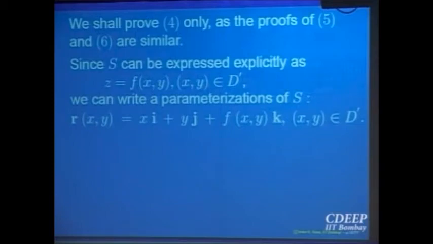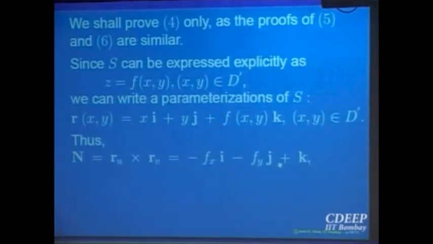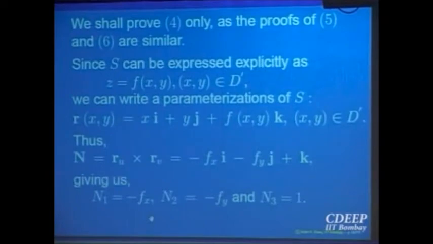So what is n1? Minus f_x. What is n2? Minus f_y. What is the k component, the last one? n3 is equal to 1. Because when you write it explicitly, those n1, n2, n3 are known in terms of the function f. So n is equal to r_u cross r_v, which is the same as minus f_x i minus f_y j plus k, because the surface is explicitly written. That means n1 is equal to minus f_x, n2 is equal to minus f_y, and n3 is equal to 1.